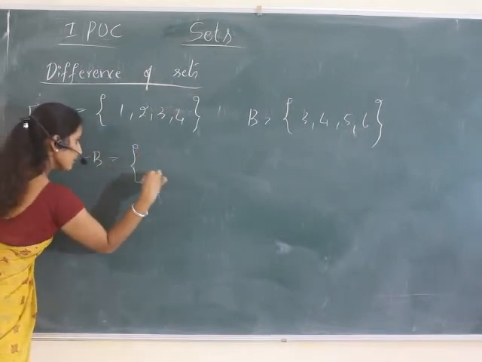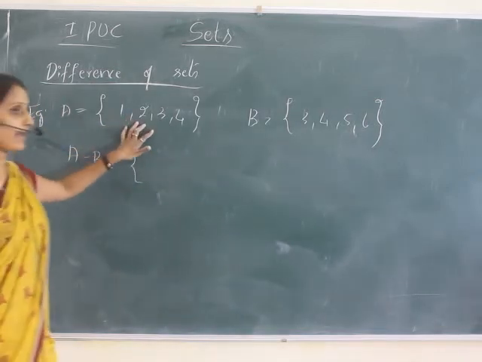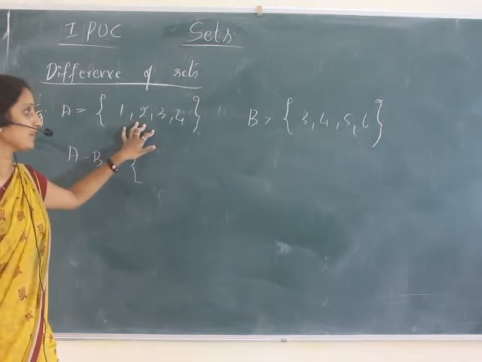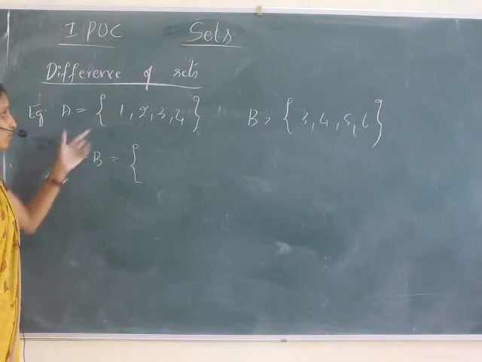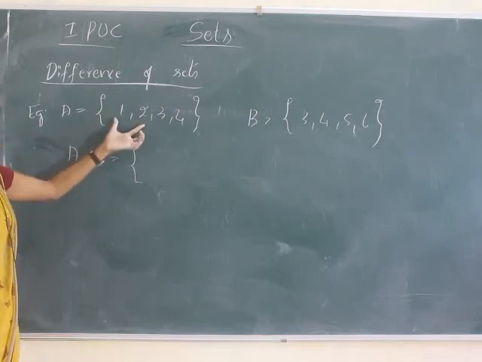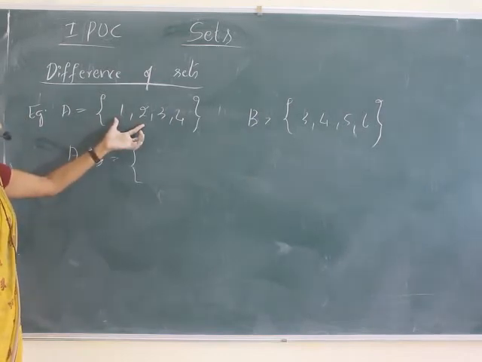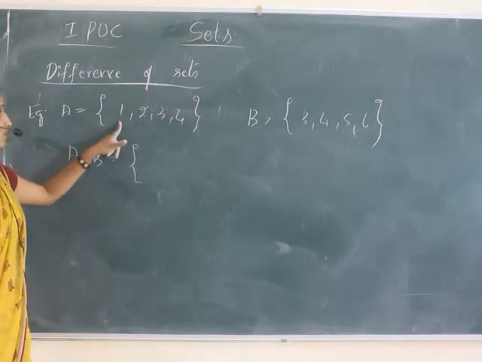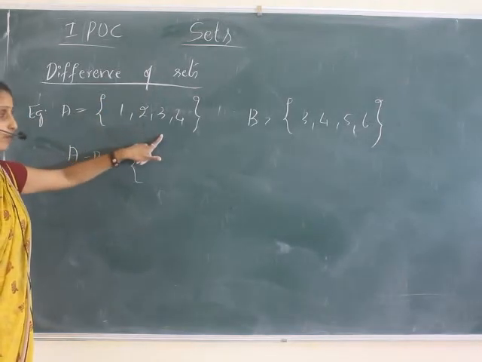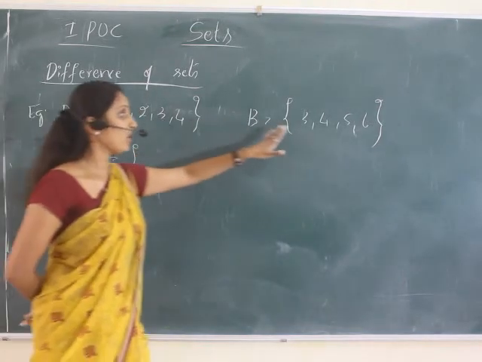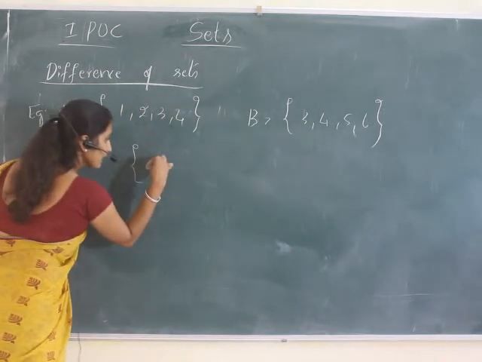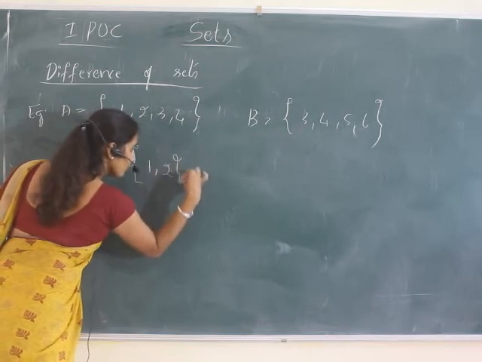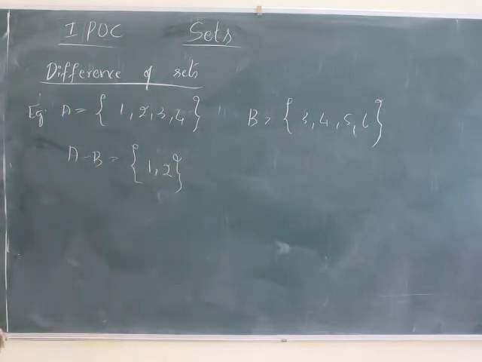A minus B means all the elements of A we have to write, but the condition is which is not in B. If it is asked A minus B, we have to go through only A, and in that we have to see which is there in B also. So the elements of A are 1, 2, 3, 4. But 3 and 4 belong to B also. Therefore A minus B is only 1, 2.